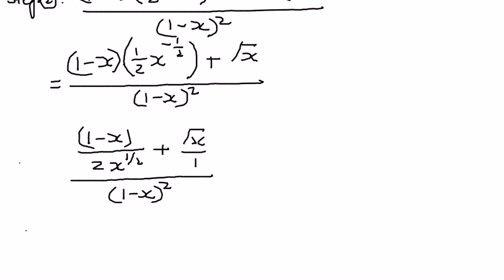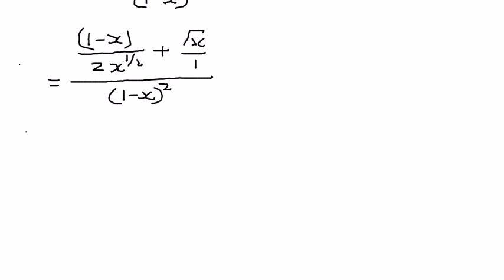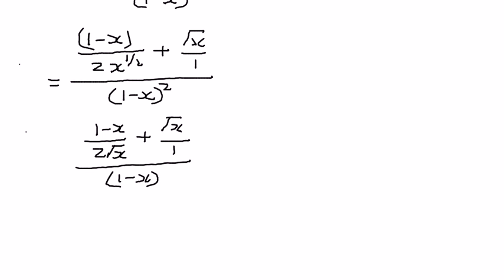I can simplify this some more as 1 minus x divided by 2 square root of x. I can write x to the power of half as square root of x, plus square root of x divided by 1, this whole thing divided by 1 minus x, the whole raised to the power of 2.